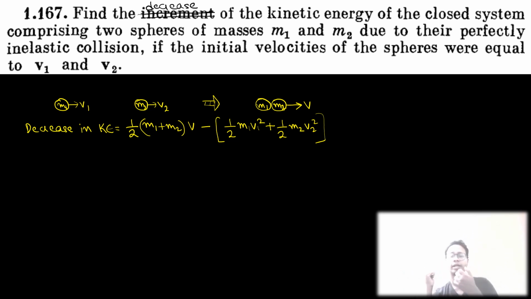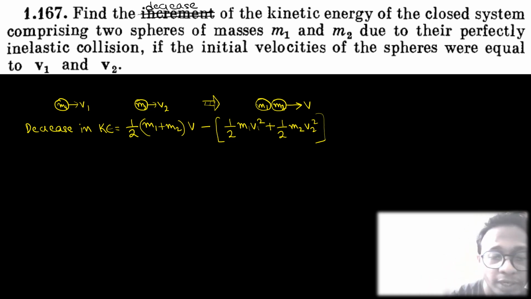Whenever you hear collision, there are only two formulas you can apply: conservation of momentum and the coefficient of restitution. And the third one is, if it is a perfectly elastic collision, you can apply conservation of kinetic energy. In any type of collision you can always apply conservation of momentum.